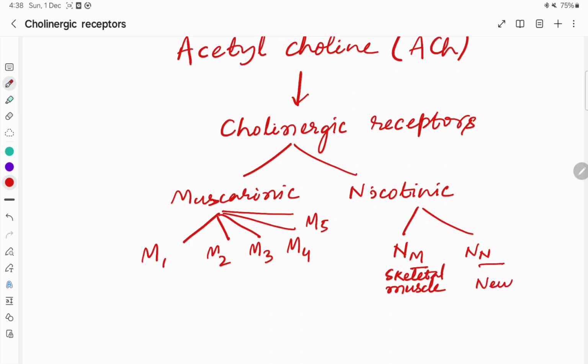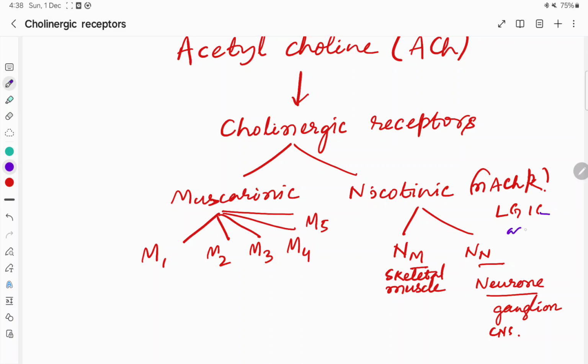So neuronal, neuron in ganglion, the mass of cell bodies outside CNS, and it is also located in the CNS. The nicotinic receptors we also call nicotinic acetylcholine receptors, and these receptors are ligand-gated ion channels, or ion channel linked receptors.